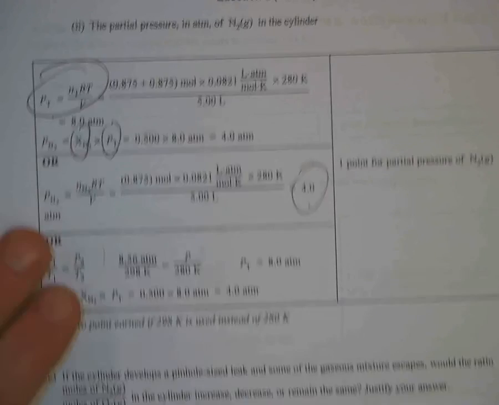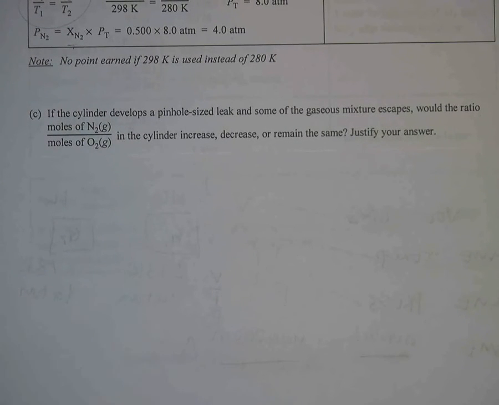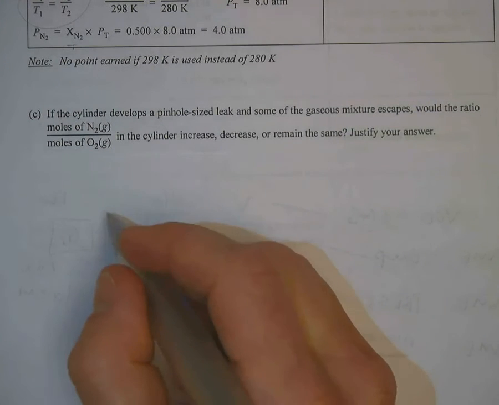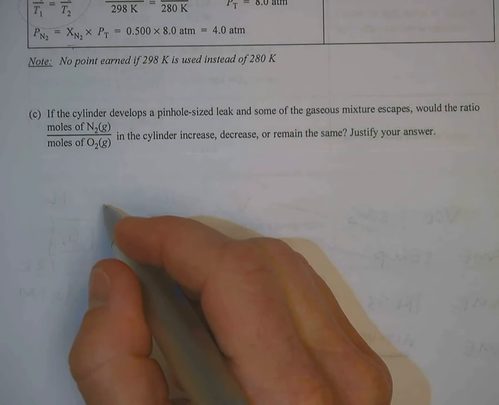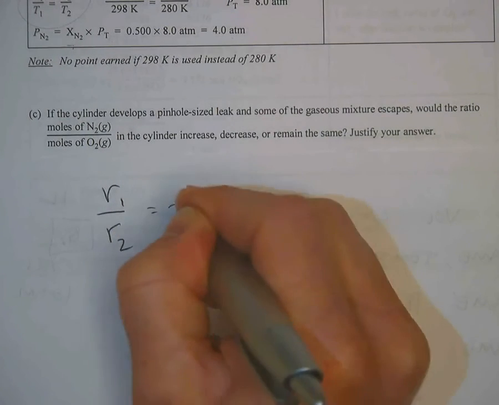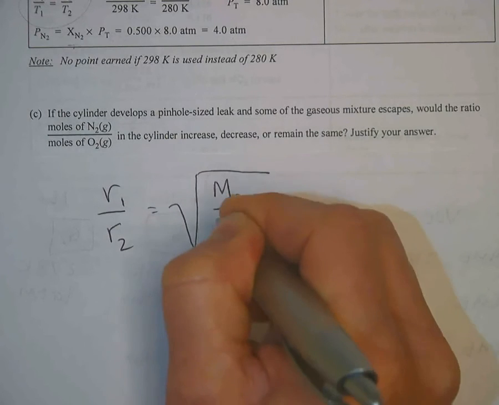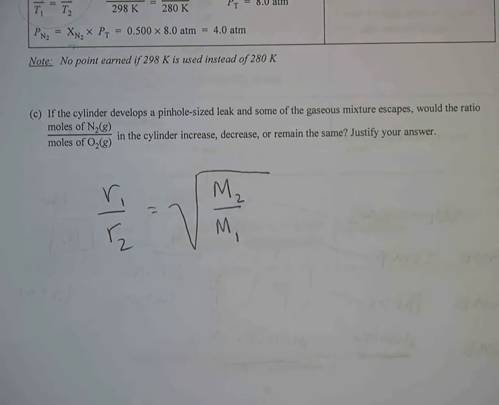Next, the cylinder develops a pinhole-sized leak, and some of the gaseous mixture escapes. Would the ratio of moles of N2 to moles of O2 in the cylinder increase, decrease, or remain the same? Now, the equation we're going to use here is known as Graham's law. R1 divided by R2 is inversely proportional to the square root of the molar mass of 2 to the molar mass of 1.